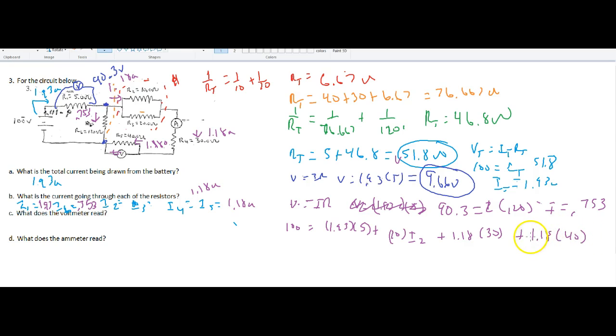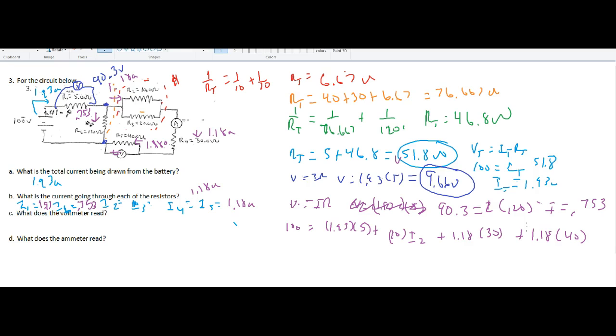And so from this, I can actually solve what I2 must be, right? So I've got 100 minus 1.93 times 5, minus 1.18 times 30, minus 1.18 times 40.